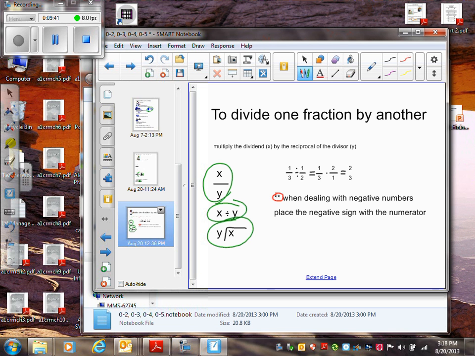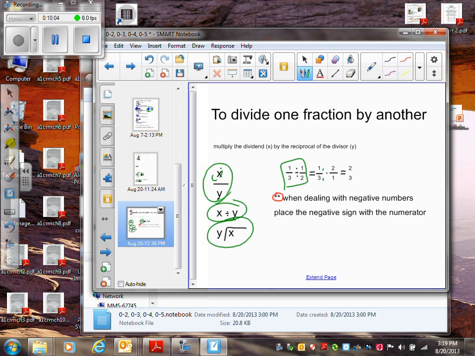When you have x as a fraction and y as a fraction, it might be written like this: 1/3 divided by 1/2. All we're going to do is flip the 1/2 to make it 2/1 and multiply them together. 1 times 2 is 2, 3 times 1 is 3.